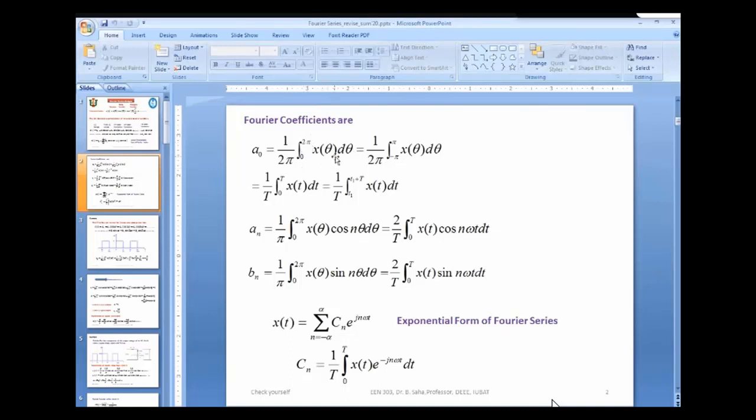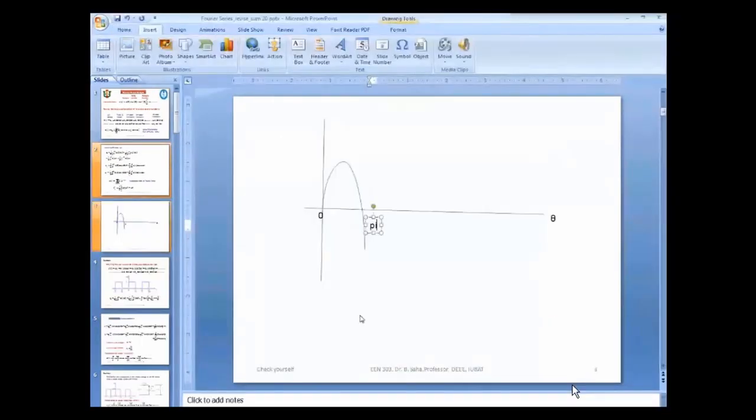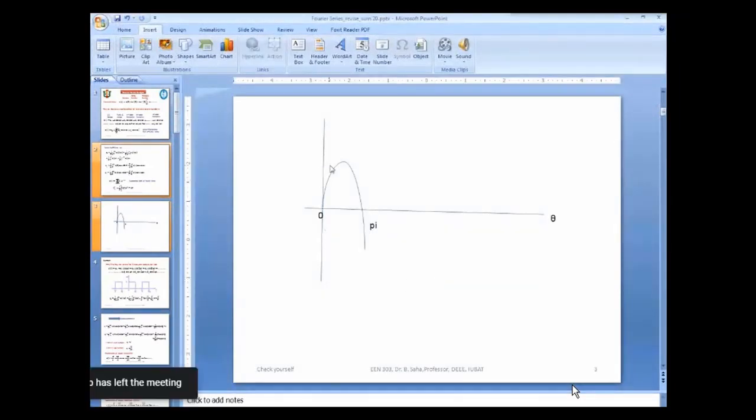In this case, the signal should be positioned starting from 0, to pi, to twice pi. So the amplitude is this one, and it starts from 0.